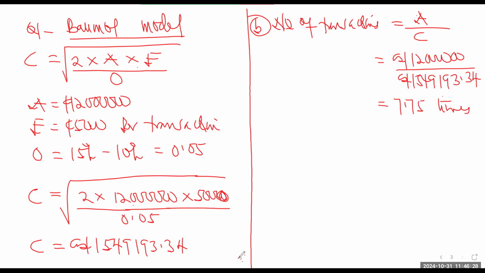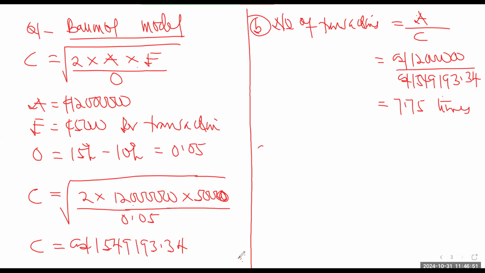So you do this 7.75 times. For you to be able to get your 12 million, you have to sell the securities worth 1,549,193.34 cedis, about 7 times, to be able to raise your 12 million.